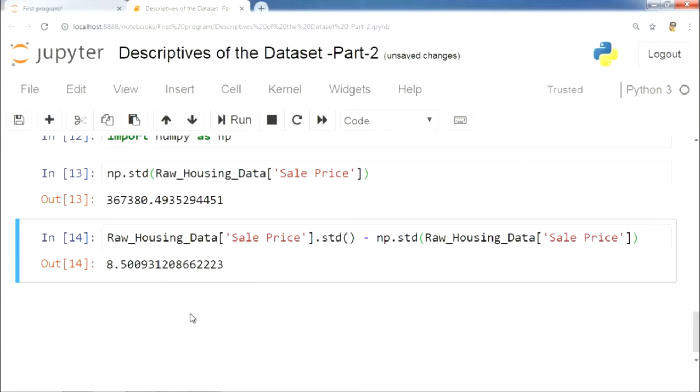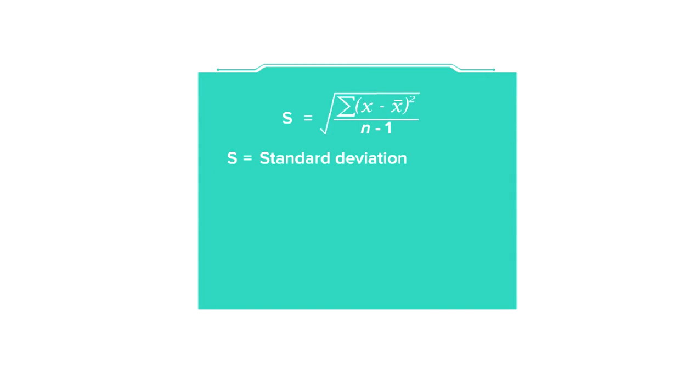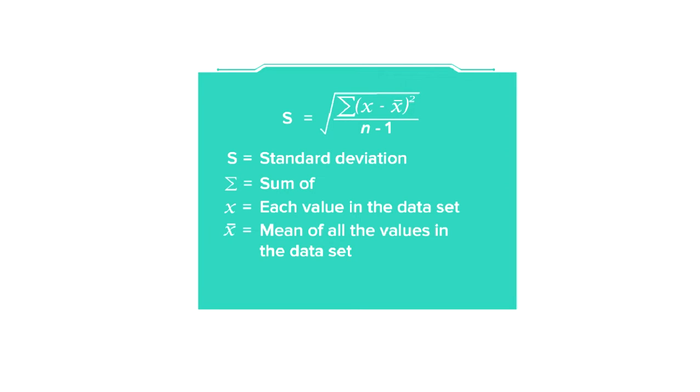In the first method, the formula is s equal to under root sigma x minus x bar whole square divided by n minus 1, where s is equal to standard deviation, x refers to each value in the dataset, x bar is mean of all the values in the dataset, and n is the number of values in the dataset.